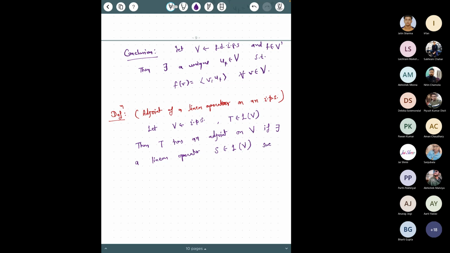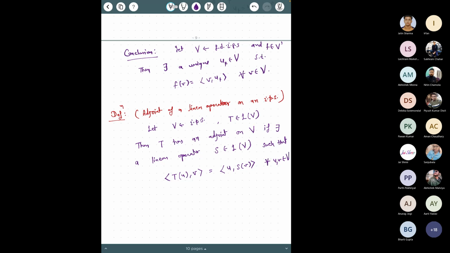this expression holds. If you take the inner product of T(u) and v, this is equal to the inner product of u and S(v). This is true for all vectors u, v in V. Okay.